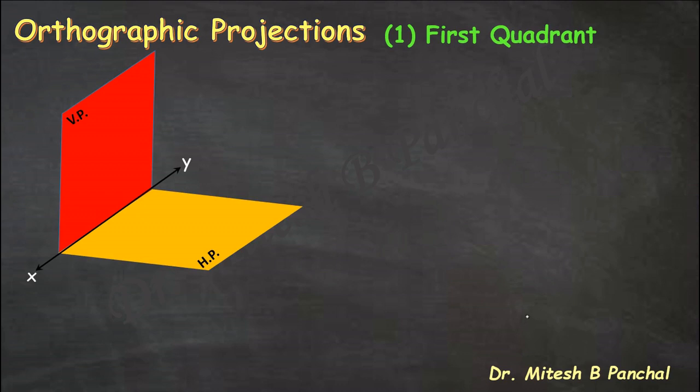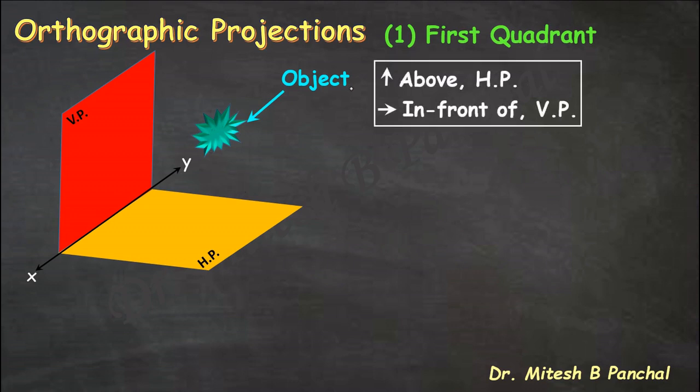Now consider a random object which is in the first quadrant. The position of this object with respect to HP and VP is above HP and in front of VP. When we say an object is above HP and in front of VP, that means the object is in the first quadrant.